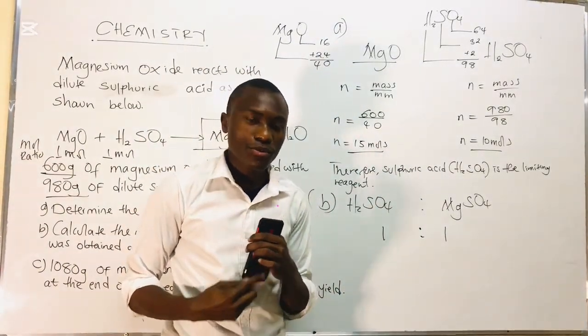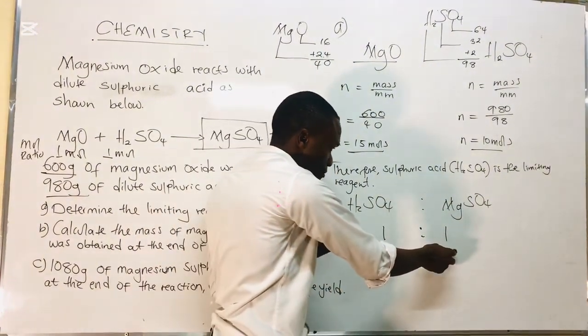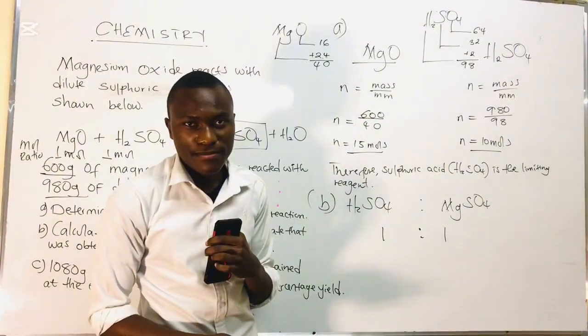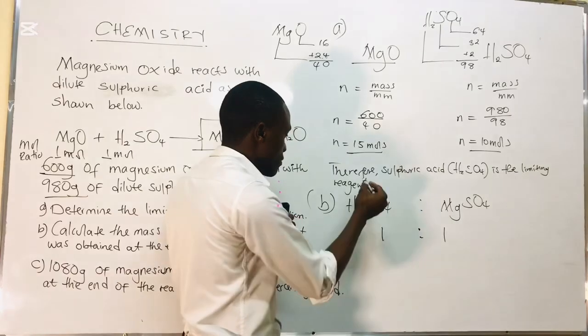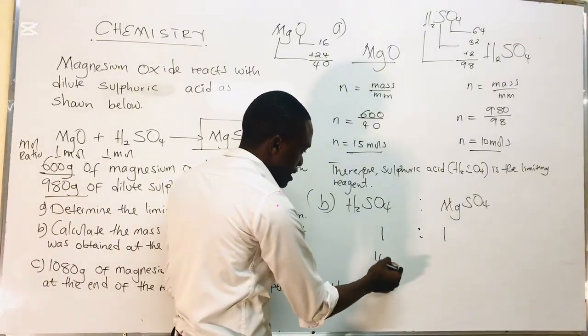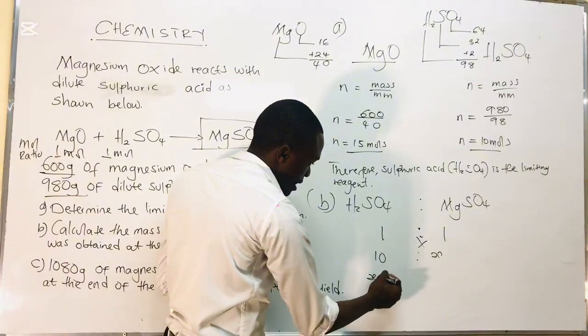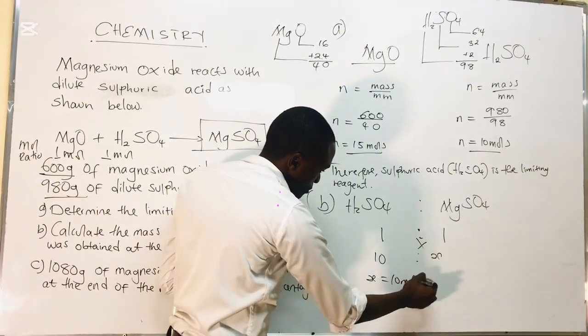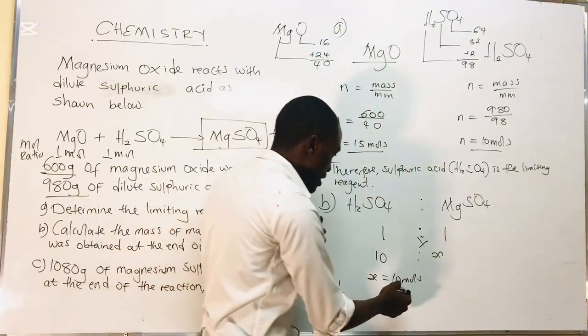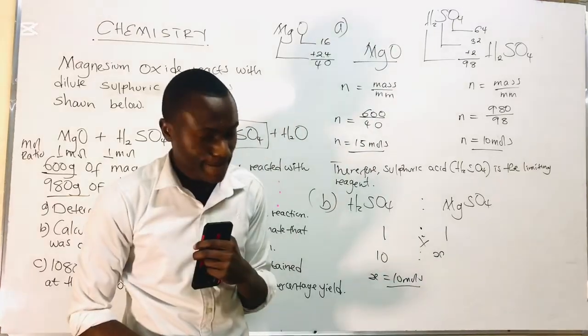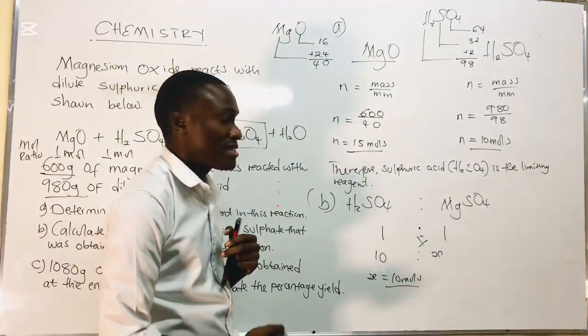We want to calculate the number of moles of magnesium sulfate, because we know that the number of moles of sulfuric acid are 10. So it means that the number of moles of magnesium sulfate are also going to be 10 moles.